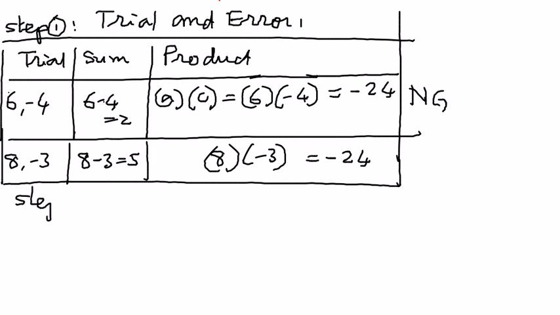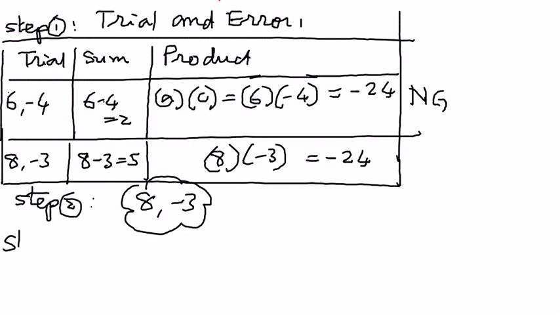In step number 2, the two numbers we are looking for are 8 and negative 3. We're going to expand the middle term using these two numbers. In step number 3, we're going to perform that.